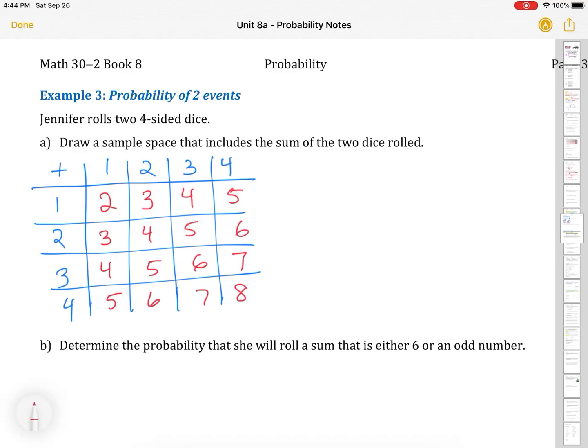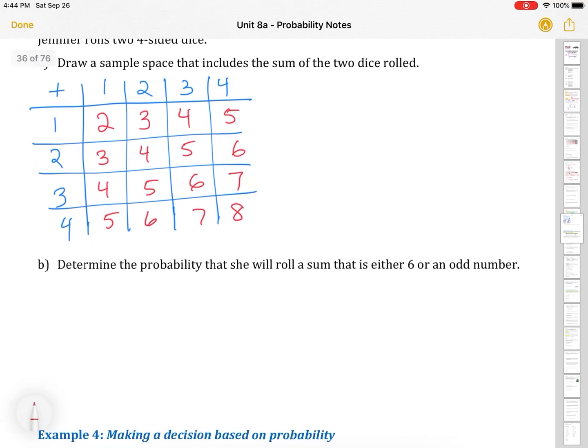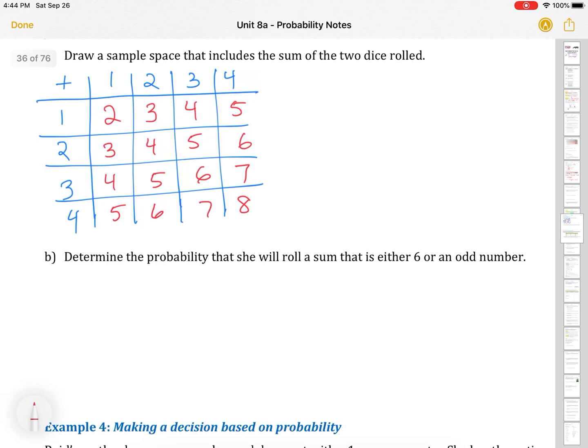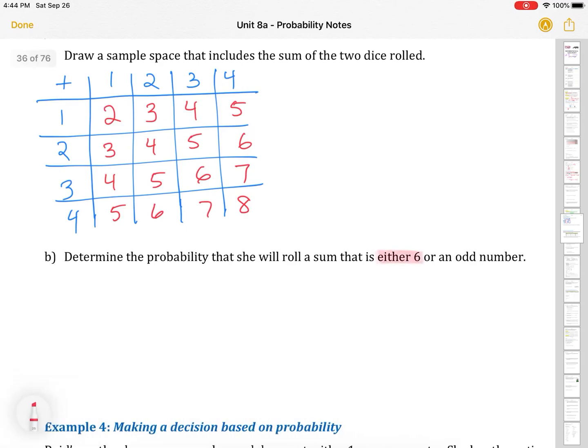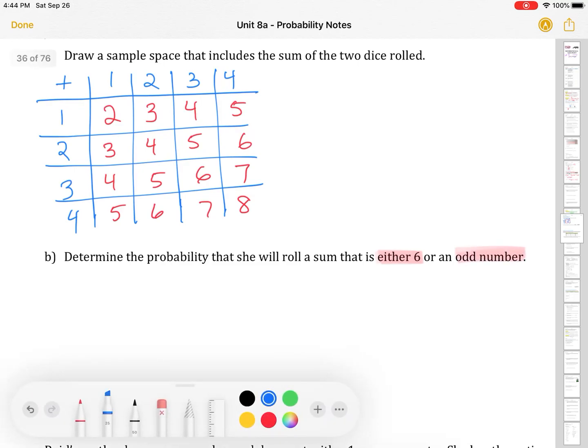So I'll get 2, 3, 4, 5, 3, 4, 5, 6, 4, 5, 6, 7, and 5, 6, 7, 8. So those are all my sums. Now we have our sample space, so it's nice to have that.